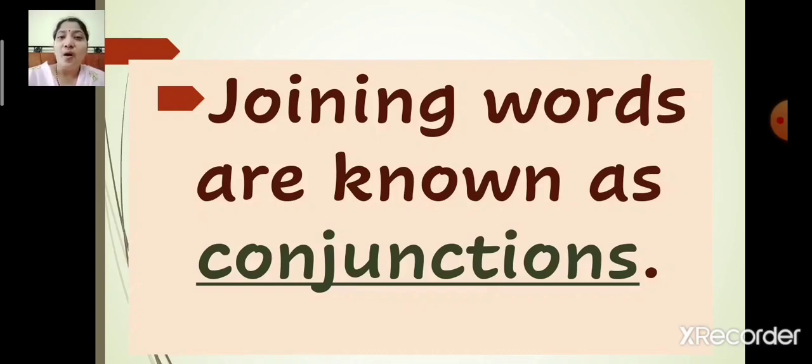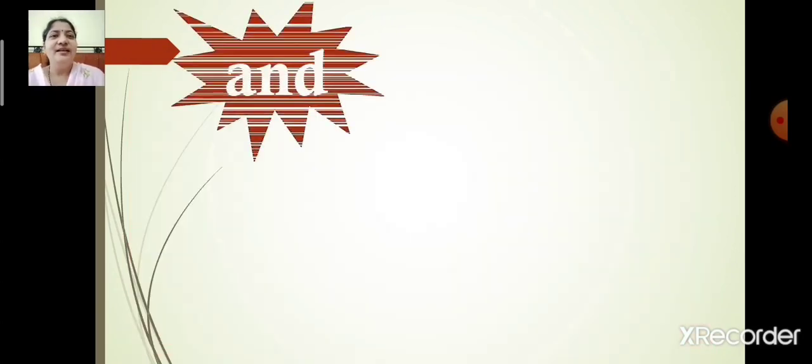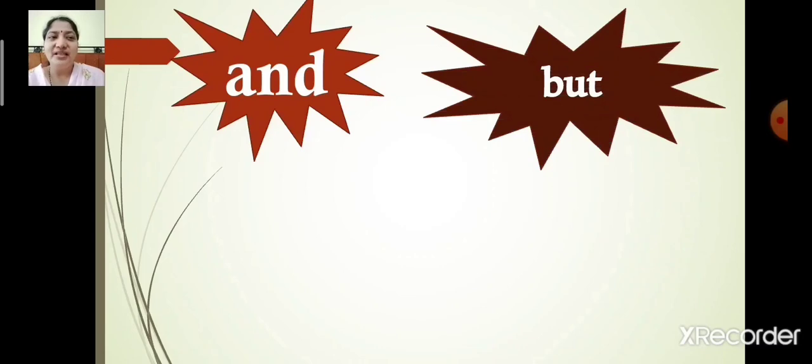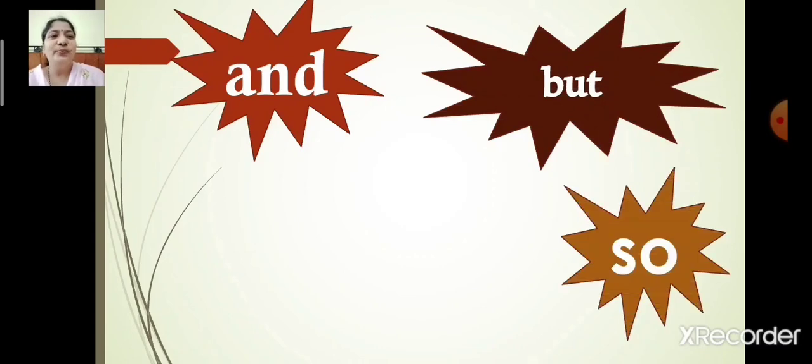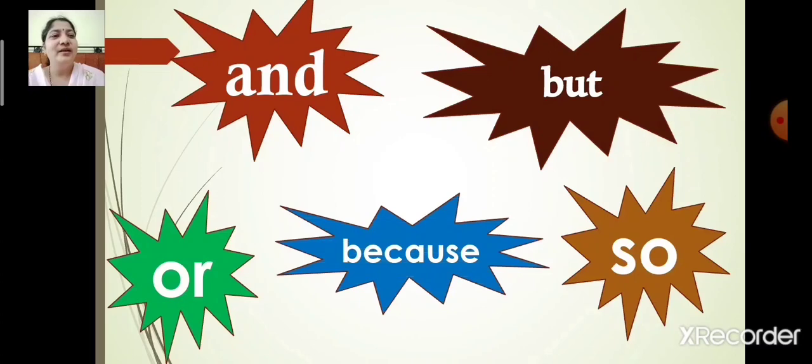Children, some common joining words or some common conjunctions are and, but, so, or, because, etc. I repeat, some common conjunctions are and, but, so, because, or, etc. Let's start with the conjunction and.